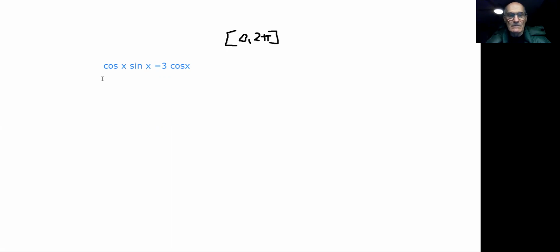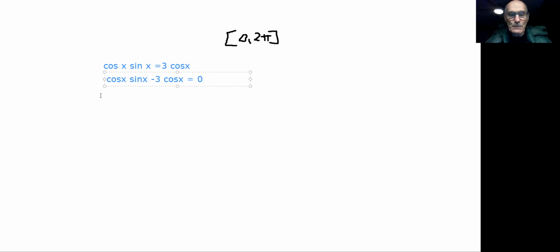So what we will do instead is bring the 3 cosine x across the equal sign and put a minus in front of it, and then set it equal to 0.